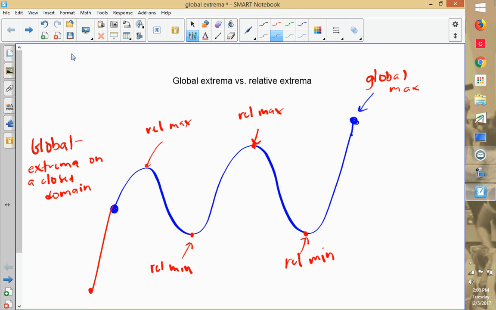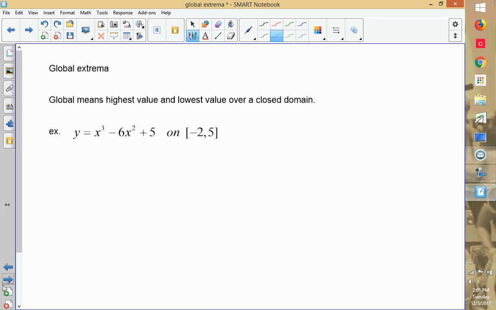But since I chopped this one up here, my global min would be at a place where I have a relative min, and that relative min will now change to a global min instead of a relative. So global maxes and mins can happen either at an endpoint or at a place where we have relative extrema.